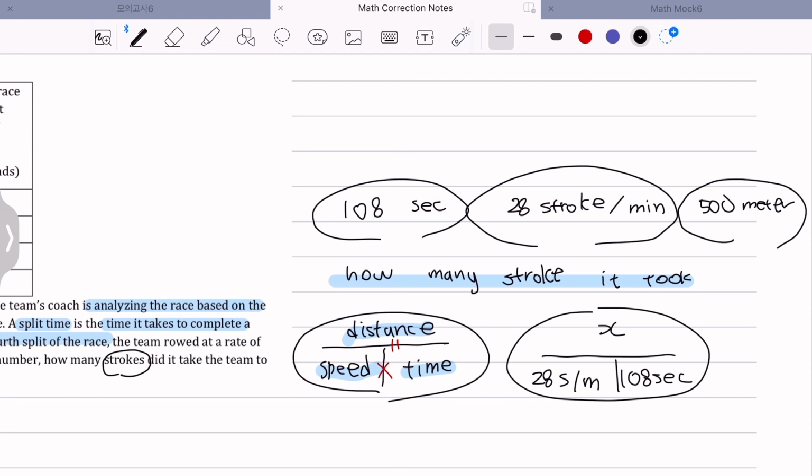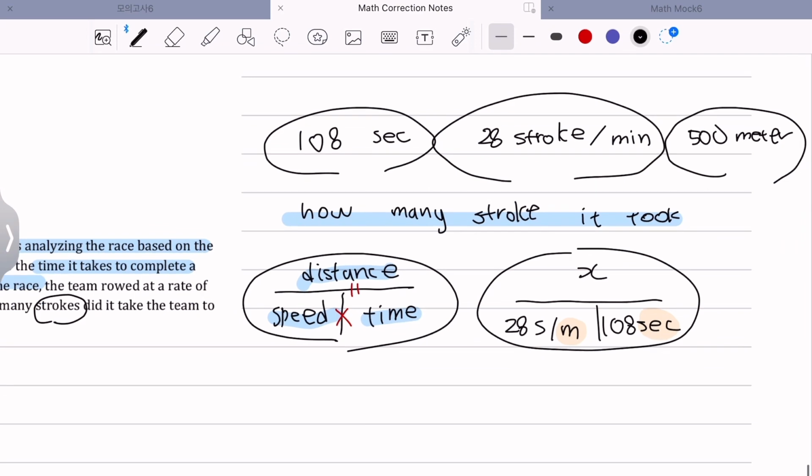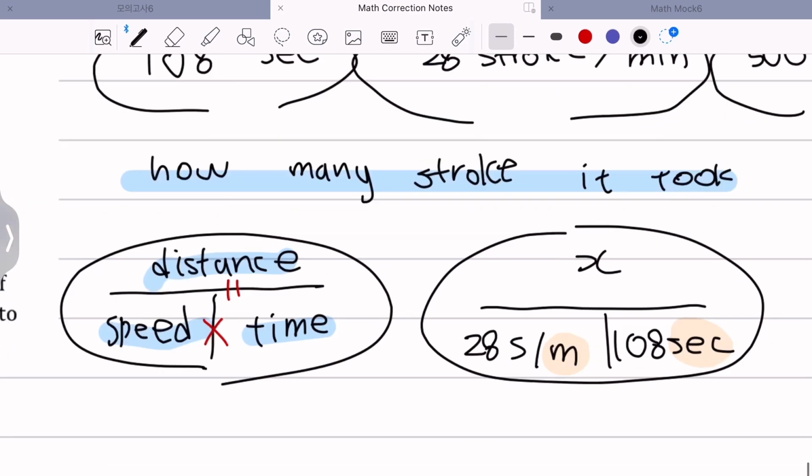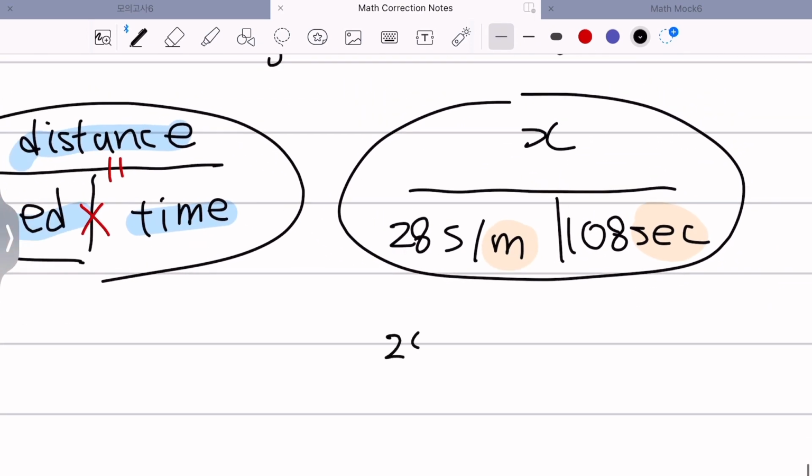But as you can see, it is minute in here and it's second in here, so we have to match this unit. So 28 strokes per 1 minute, right?